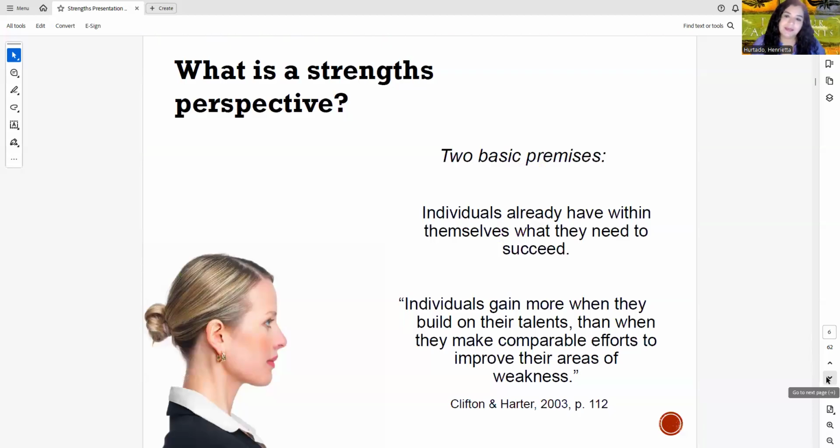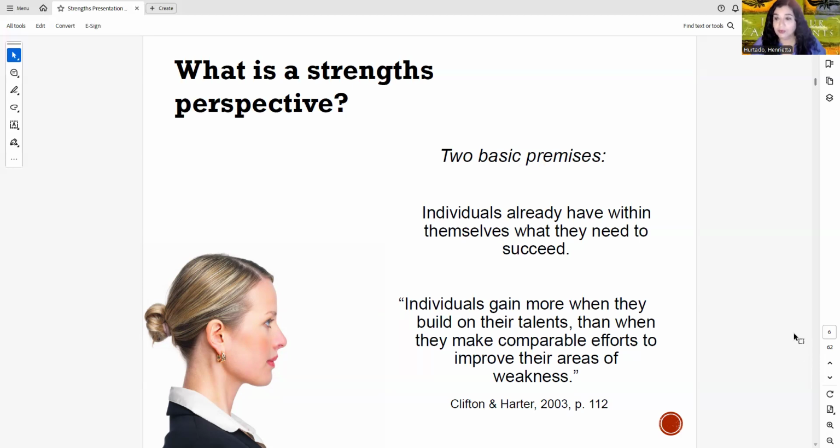So what is the strengths perspective? There are two basic premises to that. Individuals already have within themselves what they need to succeed. You already have within you what you need to succeed.